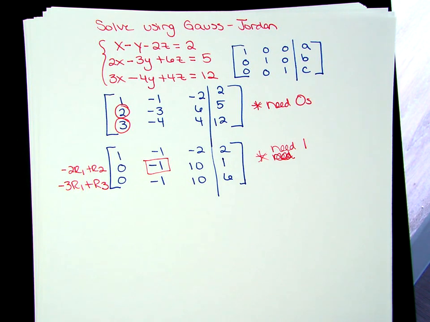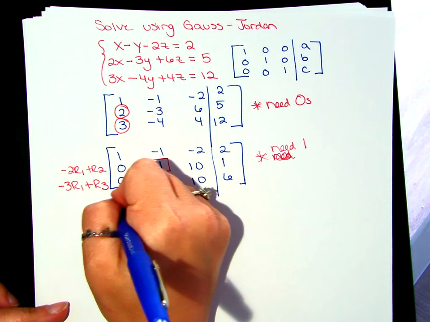One of our 3 row operations was the way that we got positive 1 every time. We're going to multiply the entire second row by a -1. That's our second type of row operation.